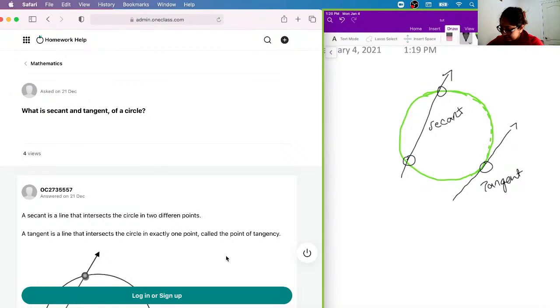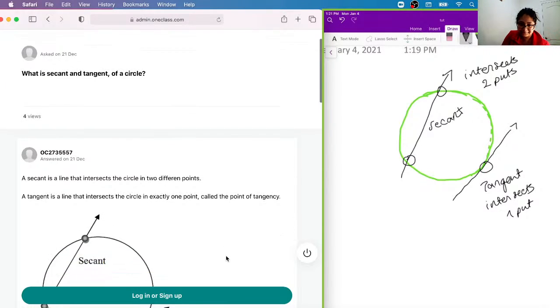So this is basically secant intersects 2 points, tangent intersects 1 point specifically. And so this is what a secant and a tangent line look like.